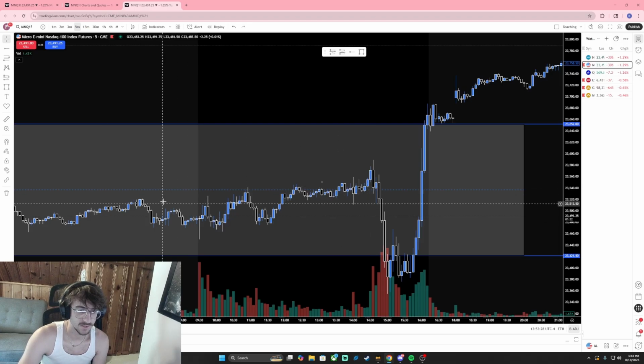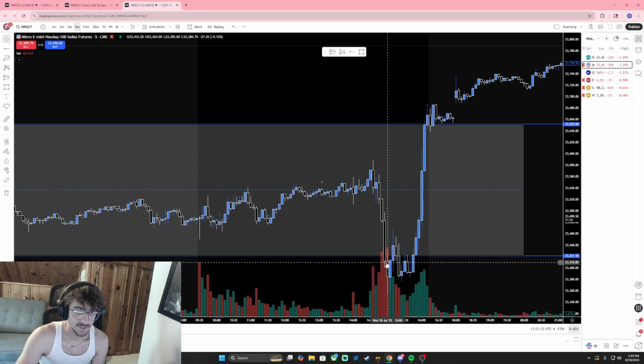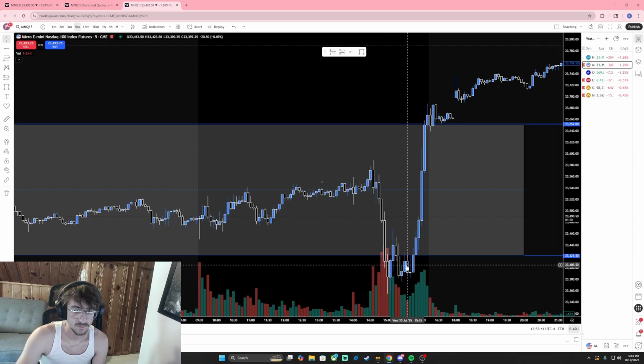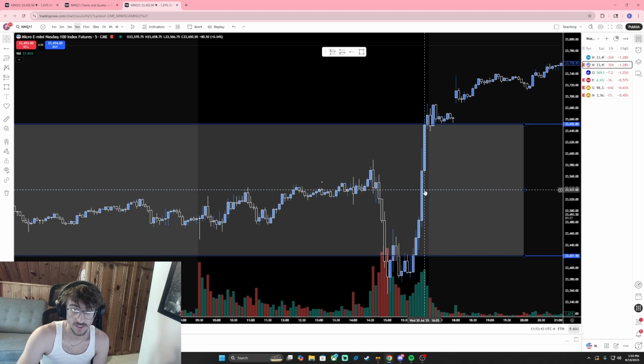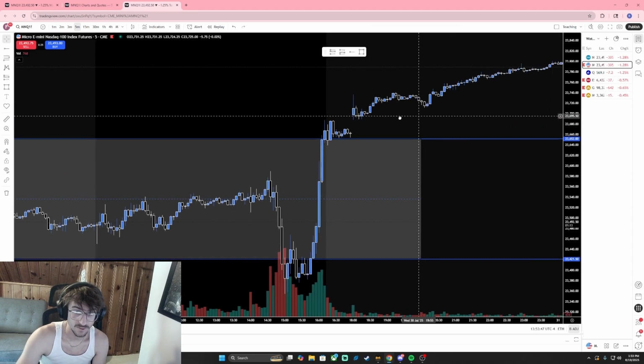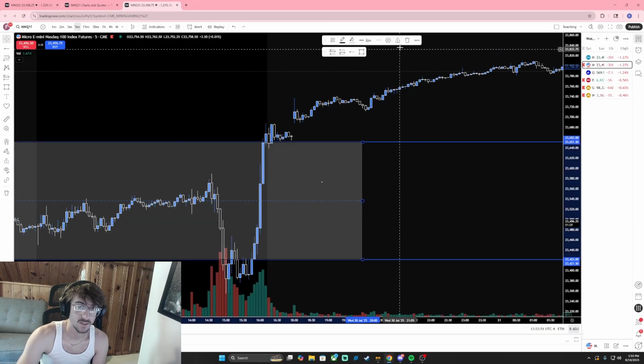I would never take a trade in any of this. So as you can see, after hours came down, swept all this liquidity down here, shoots up. Didn't even go to equilibrium, actually. This went to previous day high and just kept running. This was a hell of a trade if you guys got in that after hours.